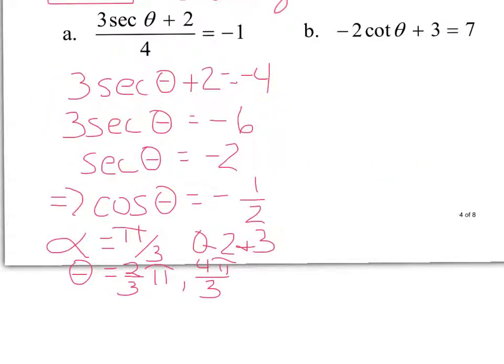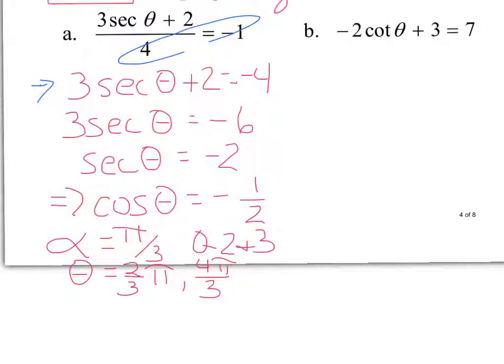So as you will see, in example A, for the first step, I multiplied by 4. So I cross-multiplied. And then I subtracted 2 and got 3 secant theta is negative 6, which dividing by 3 gives me secant theta is negative 2.